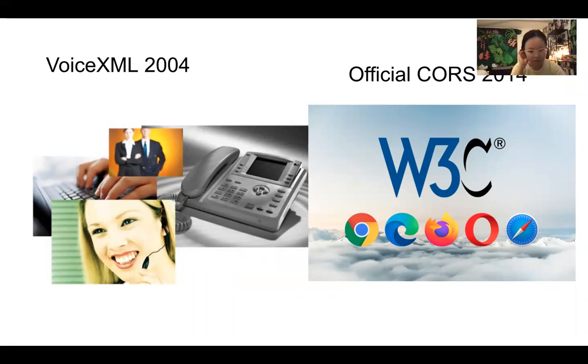And they requested that they allow some resource sharing across domains because I guess they need it for their technology. And the committee took a look at it and thought, this is actually a pretty good idea for general use. So 10 years later, they made it an official recommendation.